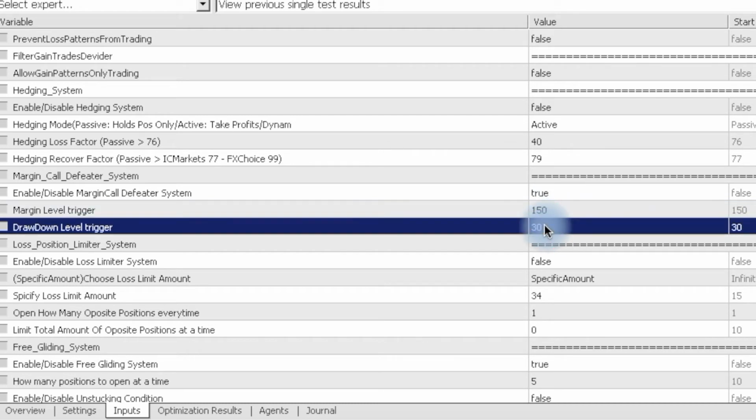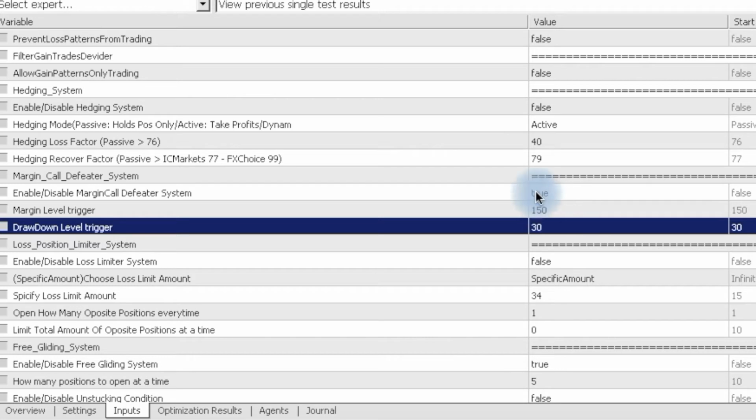Now, also, I have another option, which is drawdown level. Drawdown level means how many points that I'm losing. So if I have a position that's losing $30, multiplied by the lot size, then I will activate this margin call defender system.